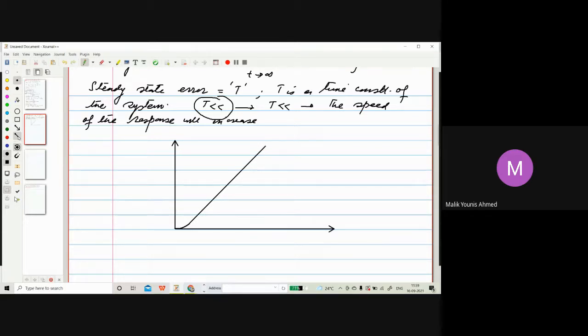Now if we are talking about the steady state response, let me make this another color for you. Steady state response, we expect that it is like this. And now what is this?